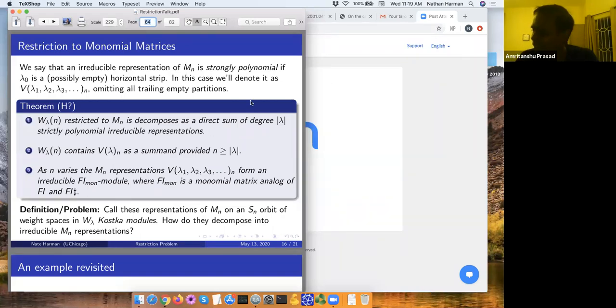Another thing I want to ask you: do you think there's any chance of explaining this? Sorry, we already clapped, but there's this paper of Asaf and Speyer where they prove an alternating sign thing. Do you think this approach that you have here would shed some light on that? Yeah, I was looking at that.